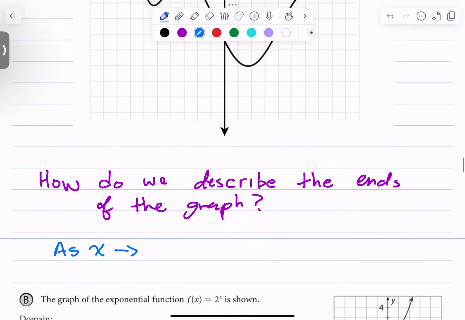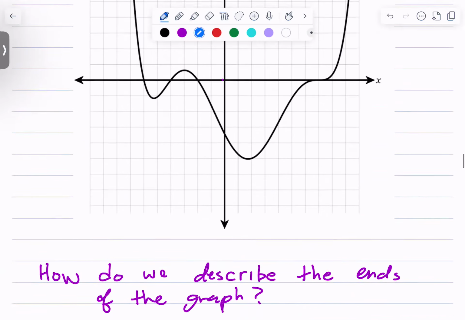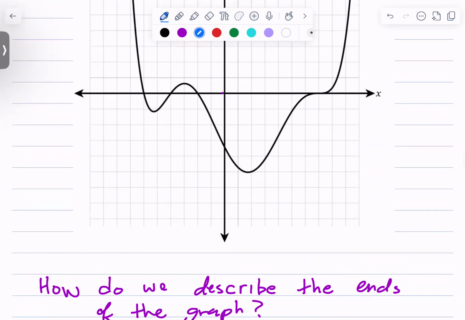approaches what value? If I want to represent 0, what value is my x approaching? As I keep going on and on, where am I going towards?